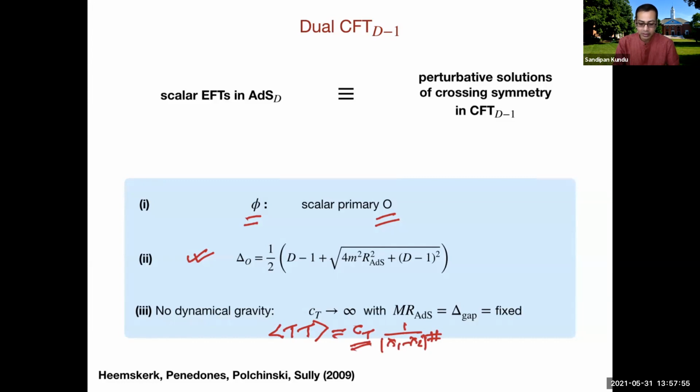What that means is that the stress tensor decouples from the low energy spectrum. I take the central charge to be infinity, but I keep the gap scale fixed, where the gap scale is some cutoff scale in the effective field theory times R_AdS. So in the order of limits, I take C_T to be infinity first, then I take lambda gap to be large but fixed. That's how you get a dual theory where there is no dynamical gravity.